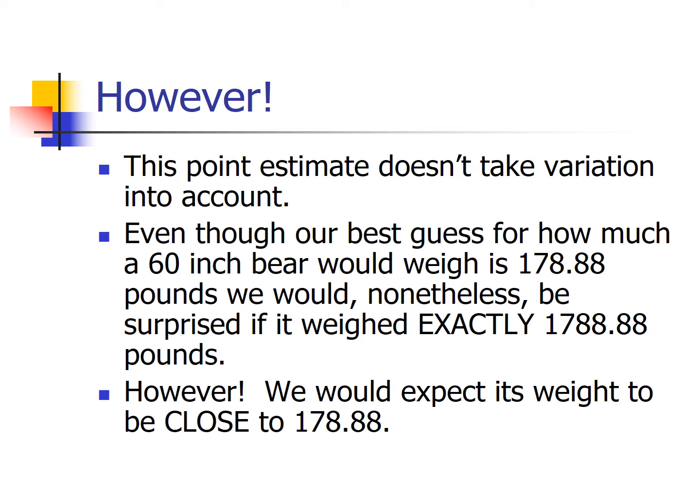Even though our best guess for how much a 60-inch bear would weigh is 178.88 pounds, we would nonetheless be surprised if it weighs exactly 178.88 pounds. Right on, precisely, not 178.881, but exactly 178.880. That is, the probability of that happening is essentially zero.